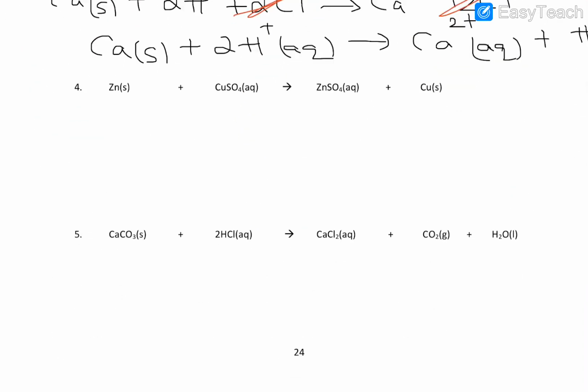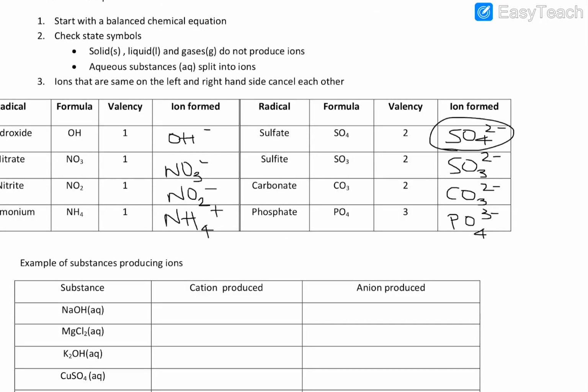Okay, number 4, this is solid, will not split. This is solid, will not split. So Zn solid. CuSO4, so you have actually the charge of copper, we're going to consider it to be Cu2 plus, because SO4 is always SO4 2 minus.